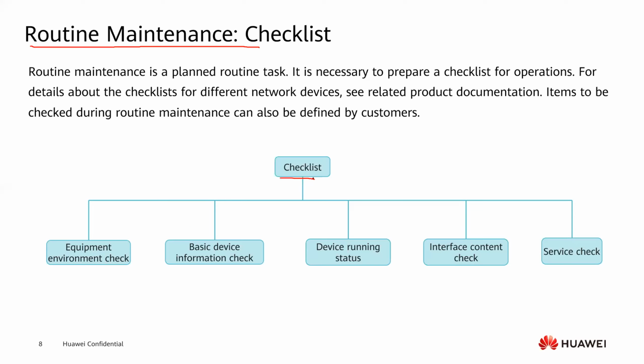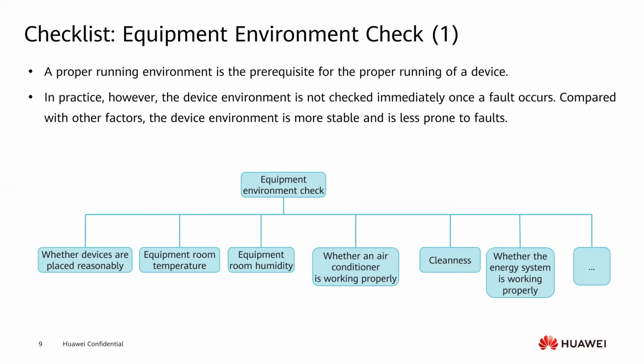This is a checklist. We have five different types: equipment environment check, basic device information check, device running status, interface, and service check. Let's see them one by one. First, the equipment environment checklist.